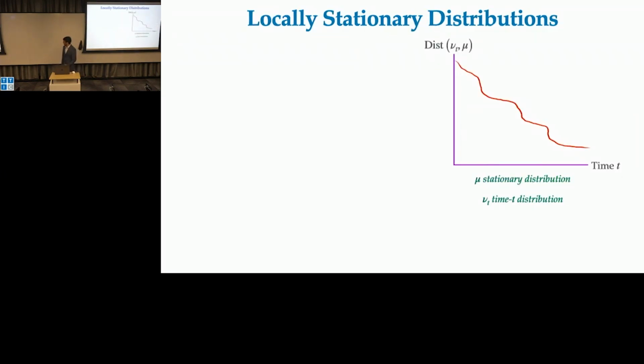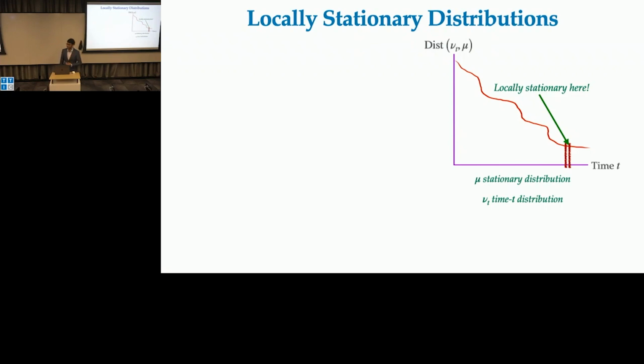So to motivate the definition, let's start by making this plot where on the x-axis I have time, and on the y-axis I have the distance of my distribution at time t to the stationary distribution. And one basic fact about this plot is that it's always monotone decreasing, because running a single step of a Markov chain will always take you closer to the stationary distribution. Now, one fact about monotone decreasing curves, such as this one, is that you will always eventually hit a point where you're not decreasing at a rapid rate, where the derivative is small.